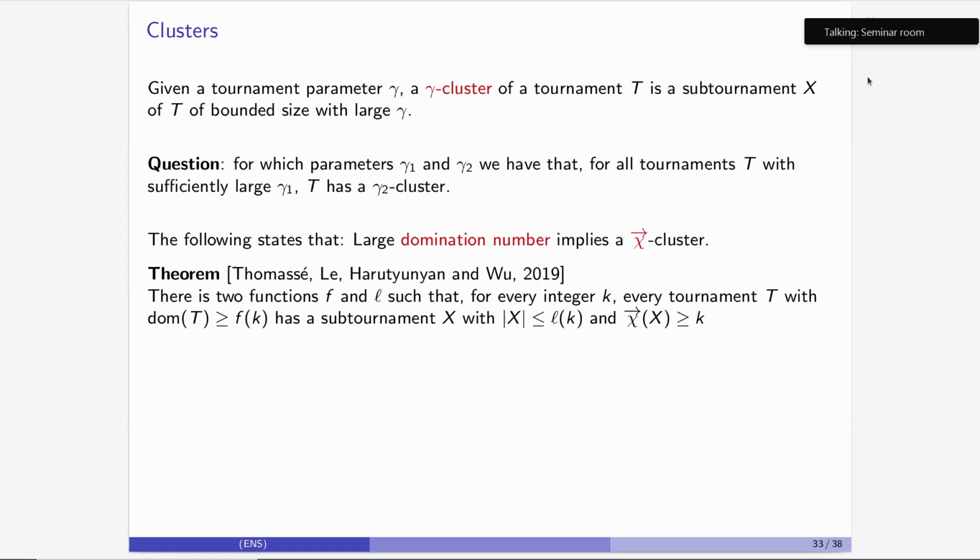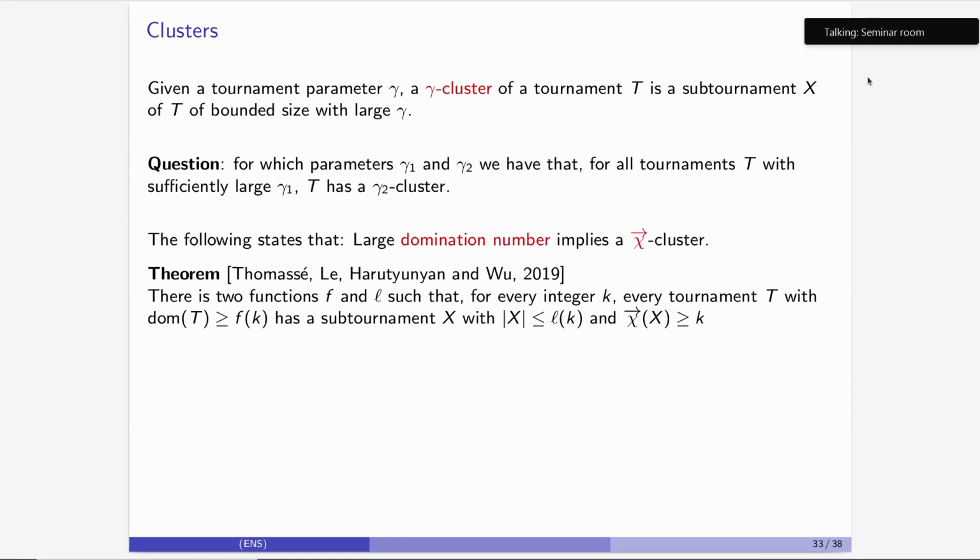To put it formally, there are two functions f and L, such that for every k, this will be the dichromatic number of the cluster, every tournament T that has domination number very large, f of k, contains a subtournament X of size L of k, so the size of X does not depend on the size of T, and dichromatic number k.